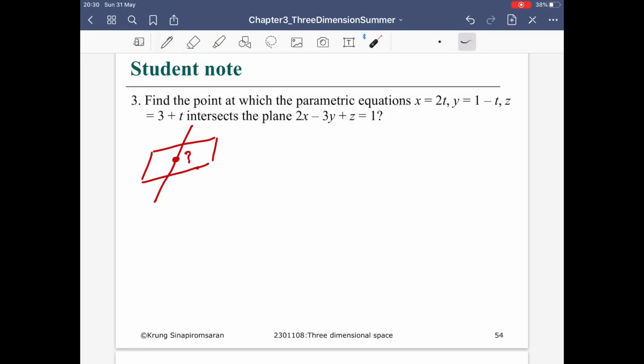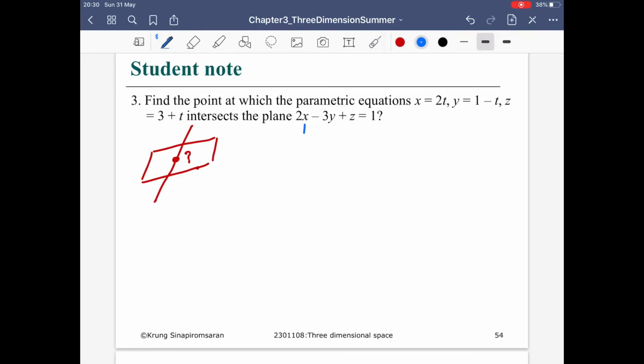So it means that at this coordinate, your x must be the same, your y must be the same, your z must be the same. And for the equation of the line, your x depends on one variable t, your y also depends on t, your z also depends on t.